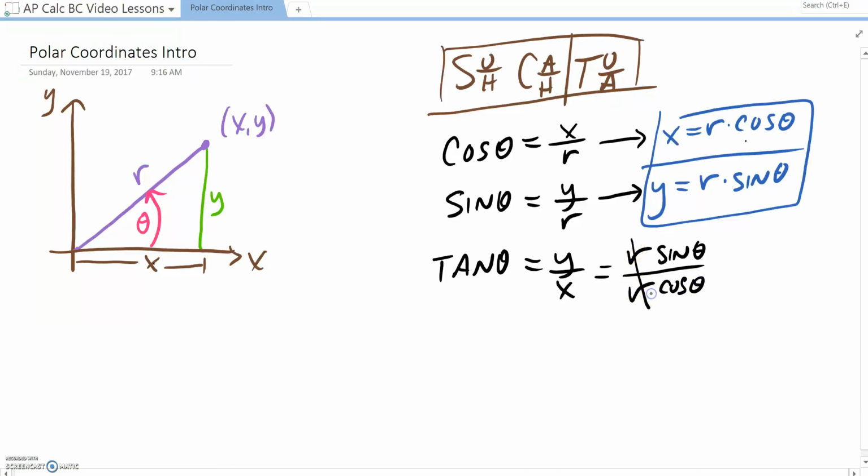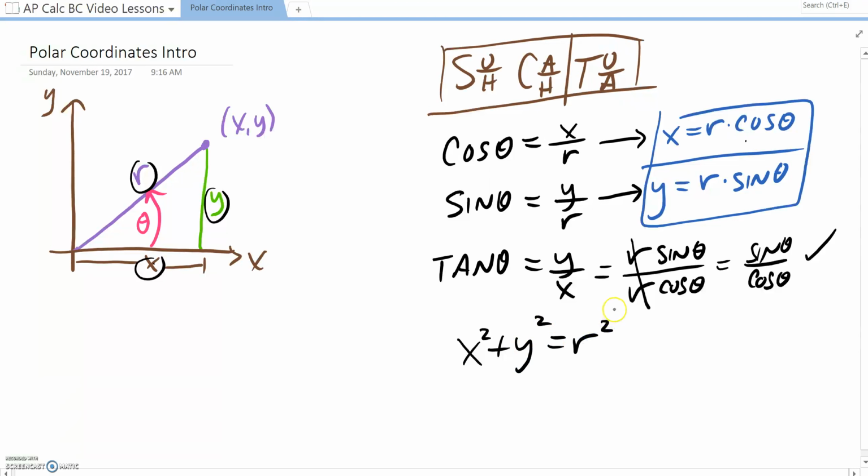Of course, the r's could cancel out, and you're left with sine of theta over cosine of theta, which matches with what we have been taught before. That makes sense. And then last but not least, just the relationship between x and y and r. So, of course, we've got the Pythagorean theorem. x squared plus y squared equals r squared.